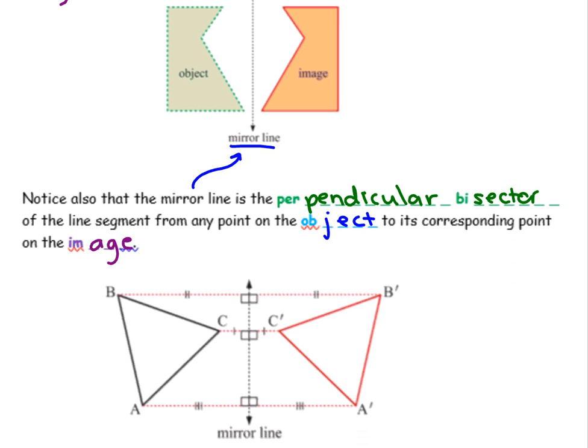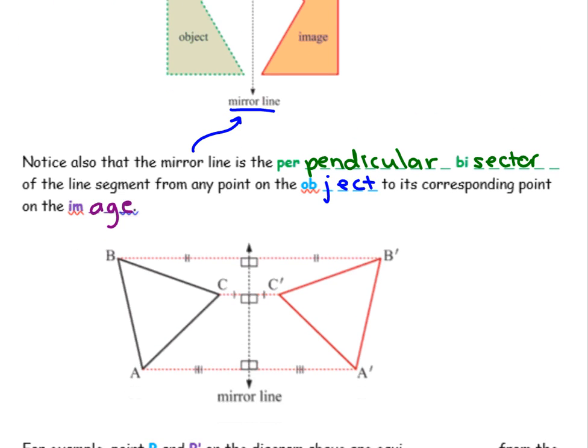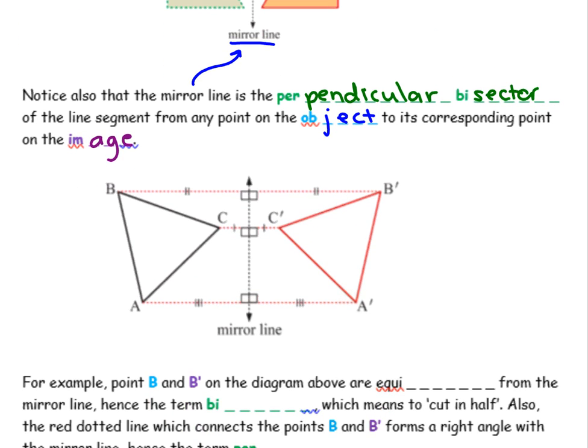So what we can say is the mirror line, oh actually the diagram below will help point that out. So we've got the object point B, and we've got the mirror line here through the centre. It's a lovely little mirror line. And we've got the image point, B dash.